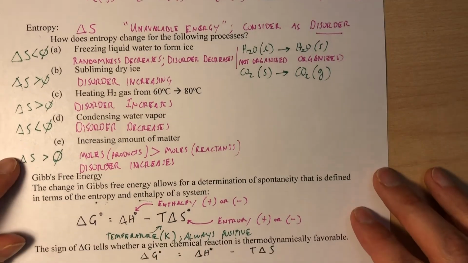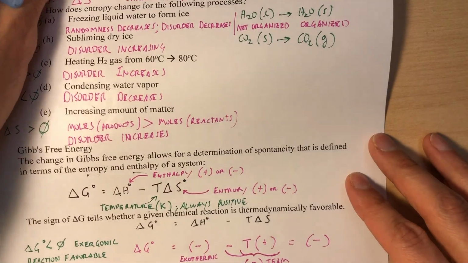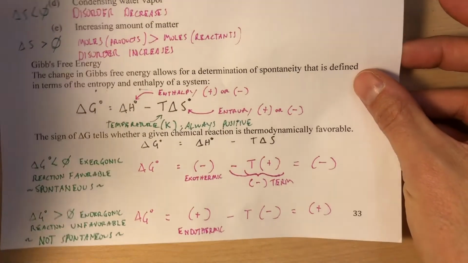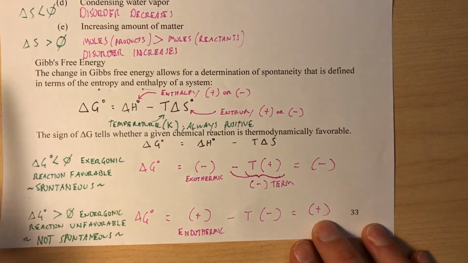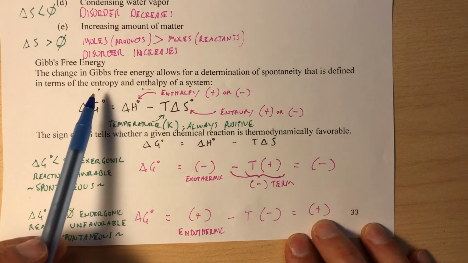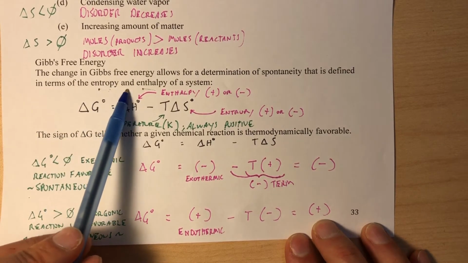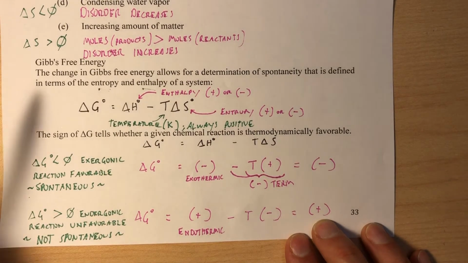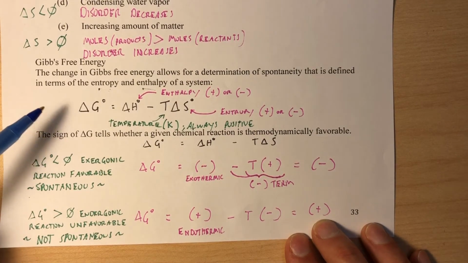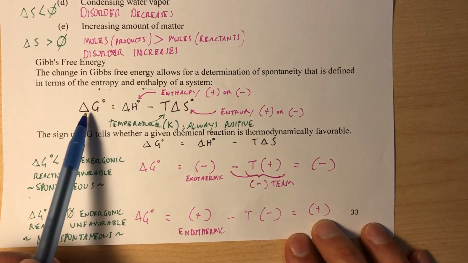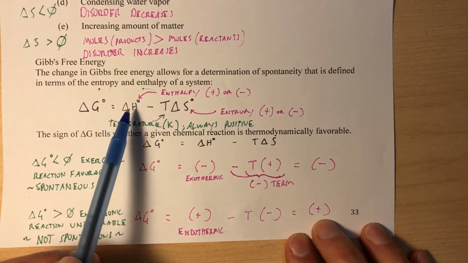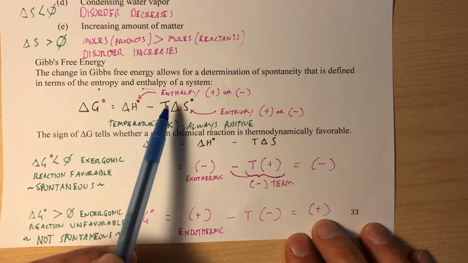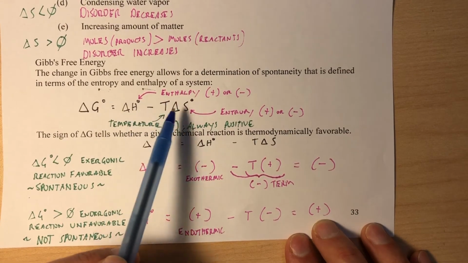Next, we're going to talk about Gibbs free energy. Gibbs free energy is described as the relationship between enthalpy and entropy of a system. Gibbs free energy is not something that you can readily measure. It's not a physical property that's hanging out in the world. It is always relative to enthalpy, temperature, and entropy, and these are measurable quantities.